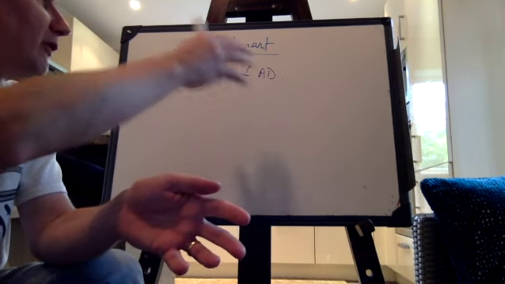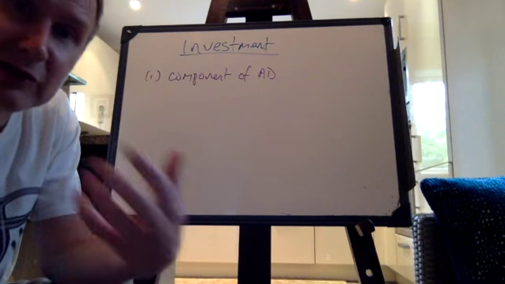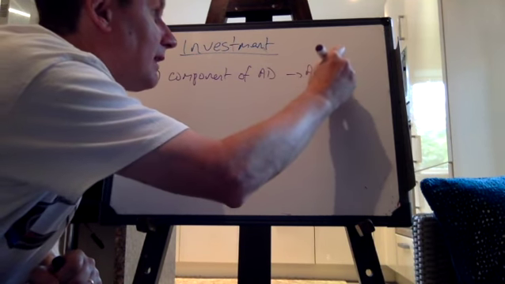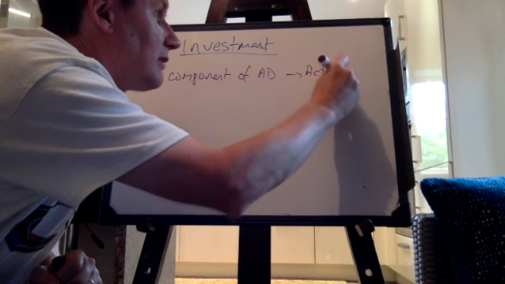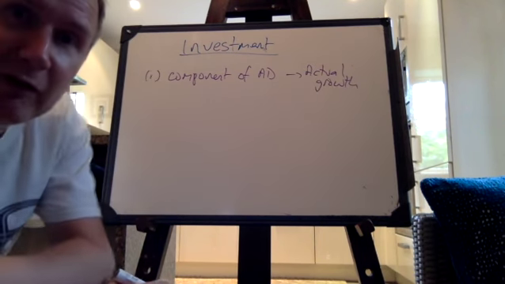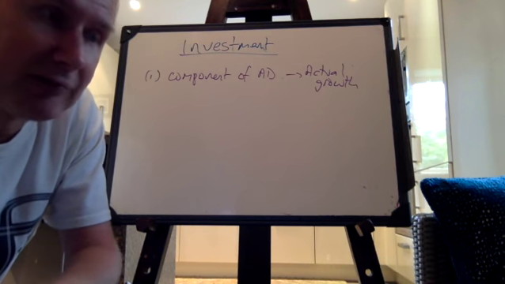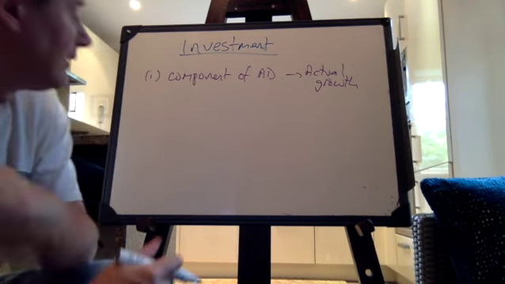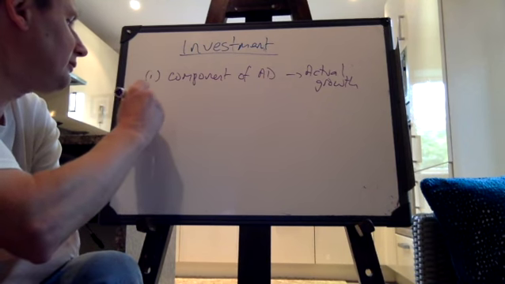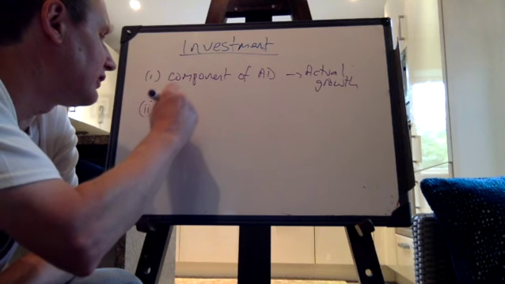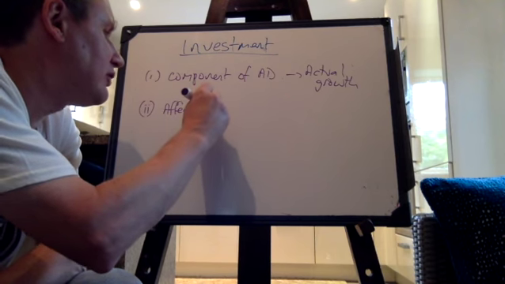It's part of, as we said, aggregate demand. So hence it leads to actual growth. And in China, that's been a major part of their actual growth over the last 20 or 30 years. Less important in the UK, but important nevertheless. Secondly, it's clearly going to affect potential growth as well.